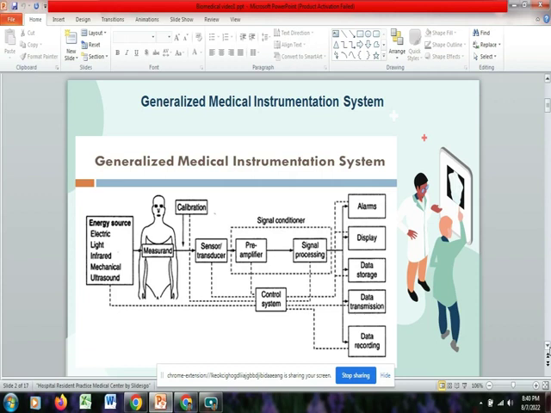This output is supplied to display devices, data storage devices, and data recording. So this is the overall biomedical instrumentation system. All biomedical instrumentation systems like ECG, EEG, EMG, scanning, and MRI work on similar basics.